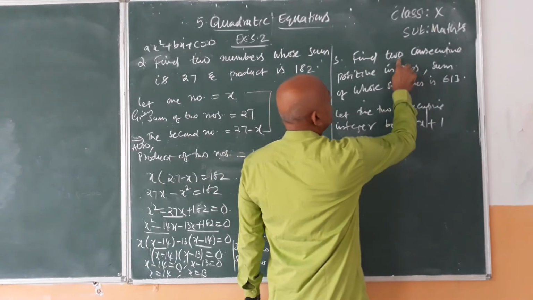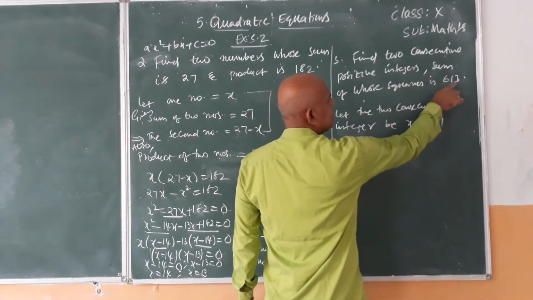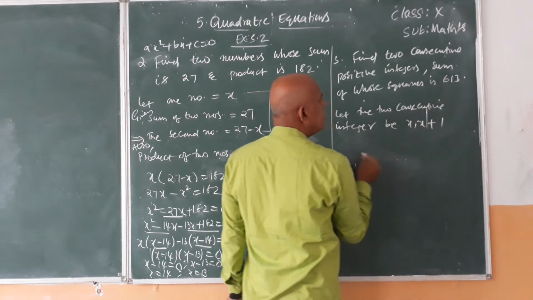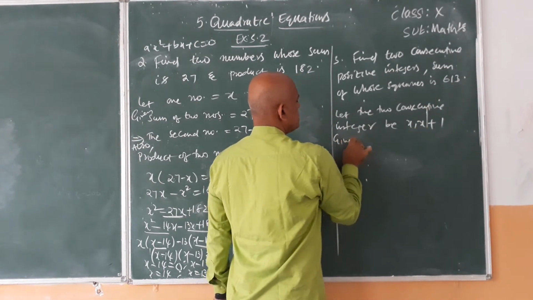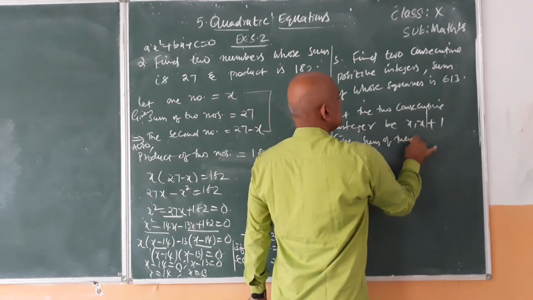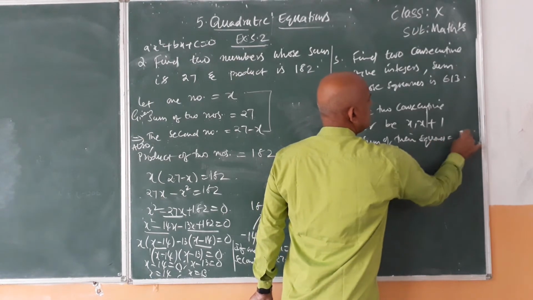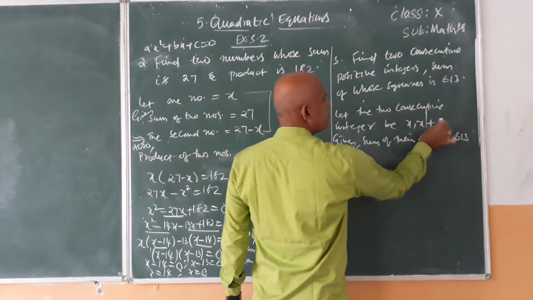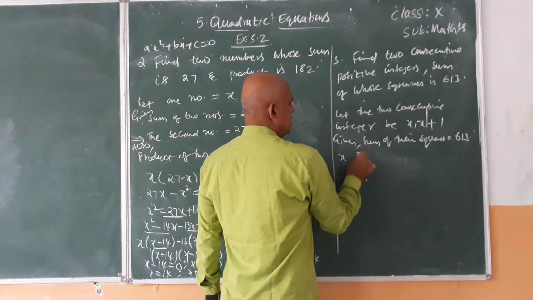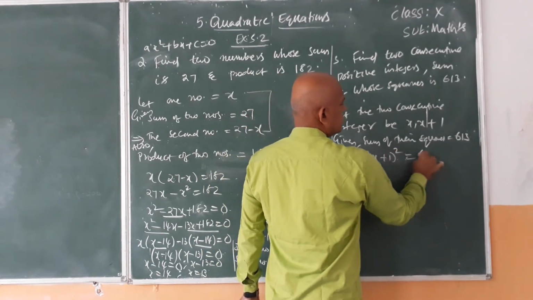Find two consecutive positive integers, the sum of whose squares is equal to 613. So this square plus this square is equal to 613: x square plus x plus 1 whole square is equal to 613.